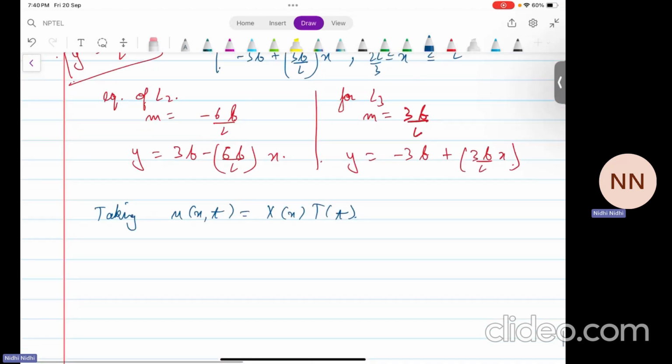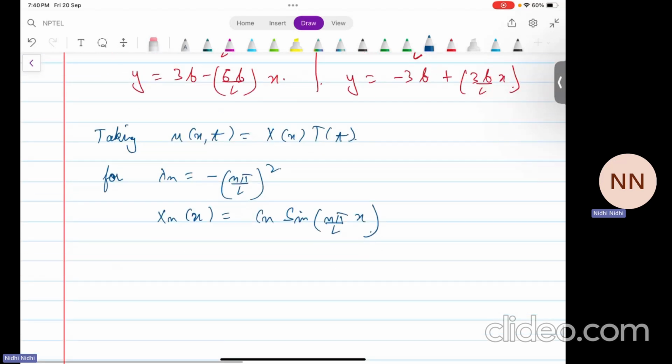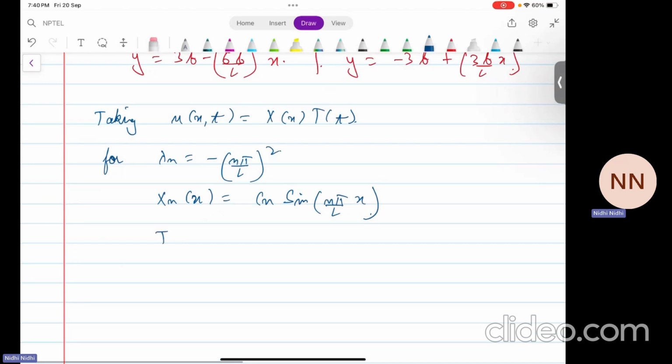We will get that for lambda_n equals to minus (n pi by L) square, we have X is equal to some constant c_n times sine(n pi x by L), using the same method that we had been following till now.